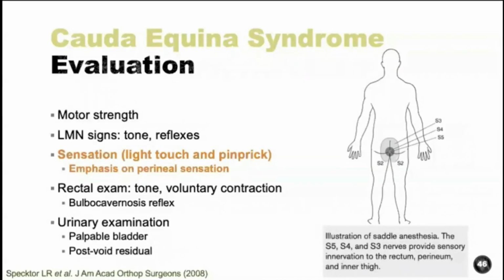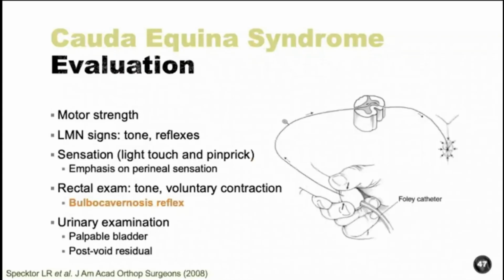And so checking that in the posterior thigh and in the buttocks is really important to help differentiate patients who may have true cauda equina from patients who have a herniated disc or some other pathology that's not actually causing severe compression. So doing a rectal exam is important, as well as checking the bulbocavernosus reflex, which may help with that.